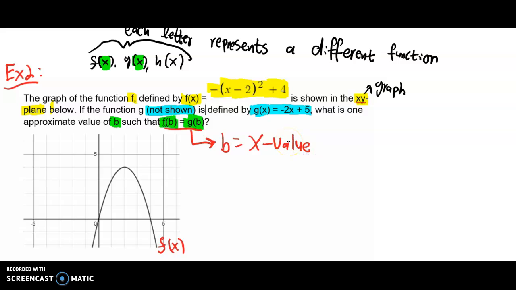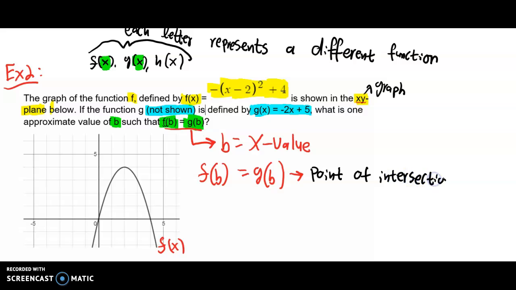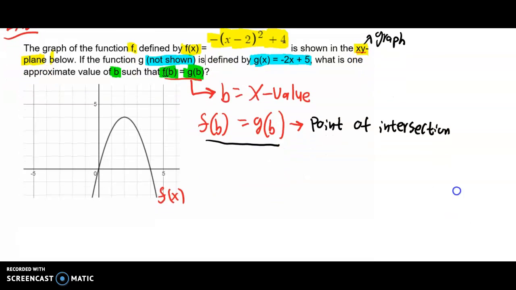It's being plugged in, it must be an x value. So a value such that f of b equals g of b. What is this asking us here? If f of b equals g of b, that must be a point of intersection. So we know that b is an x value. We now know that f of b equals g of b is a point of intersection.